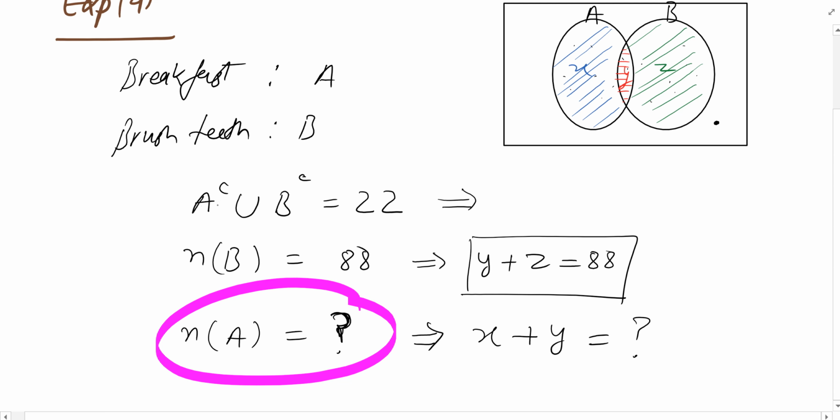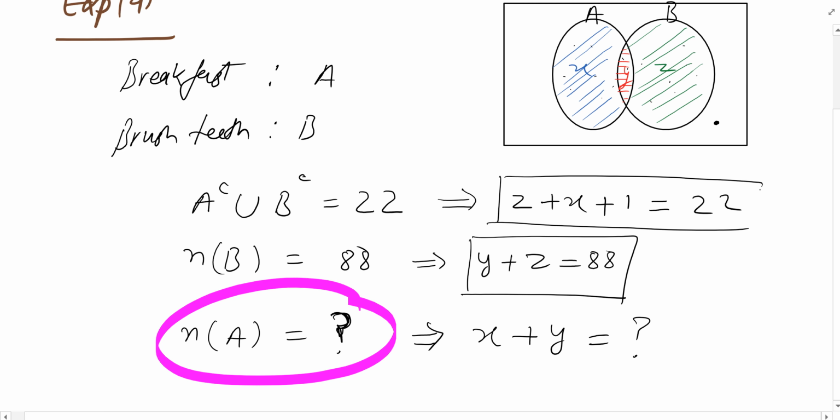So A complement means everything outside A. Everything outside A is Z. And B complement is everything outside B, which is that X. And there's one guy who is also part of A complement and B complement. So Z guys, X guys, and this one guy right there equals 22. So we got two equations now.